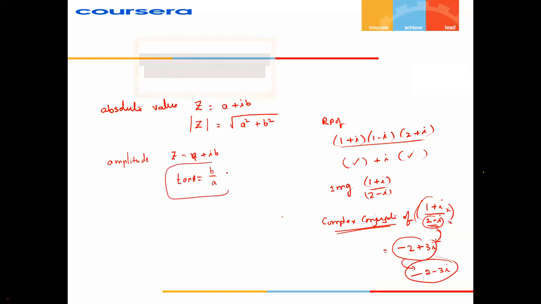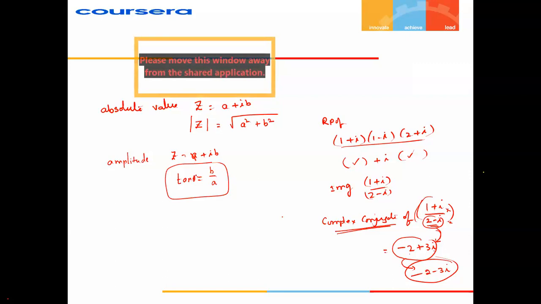This is what we call tan theta. So b by a, imaginary part by real part, is nothing but tan theta. Actually slope comes in, but we are not getting into that discussion. For a given complex number, we have two things: one is absolute value, the other is amplitude. The angle it makes is given by tan theta, which is b by a.